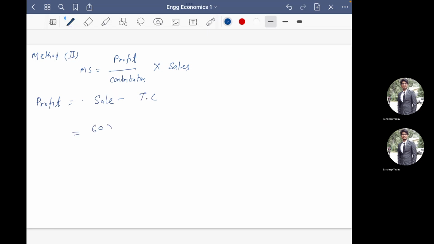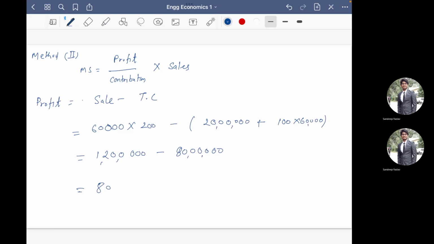Sales will be 60,000 units at the selling price of 200 rupees. Then total cost will be fixed cost, that is 20 lakh rupees, plus variable cost, that is 100 into 60,000 units. So we get 1 crore 20 lakh rupees minus 80 lakhs, that is 60 lakh plus 20 lakh. And finally we will get a profit of 40 lakh rupees.